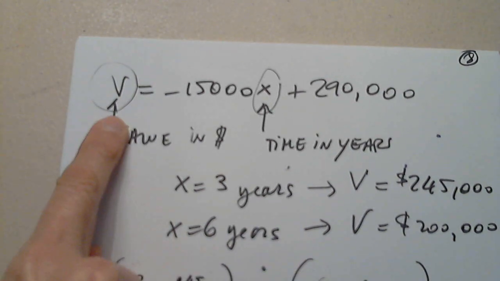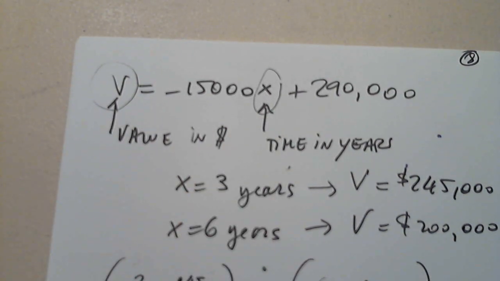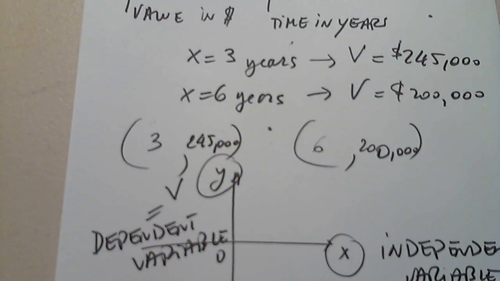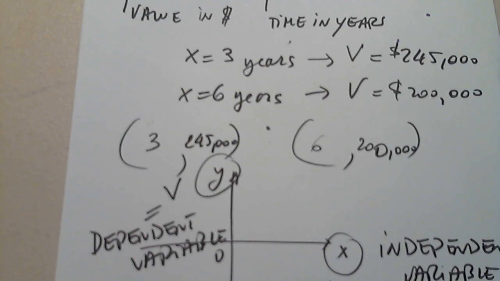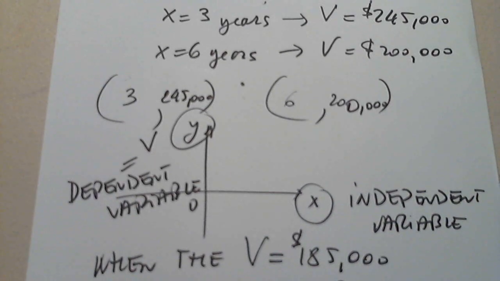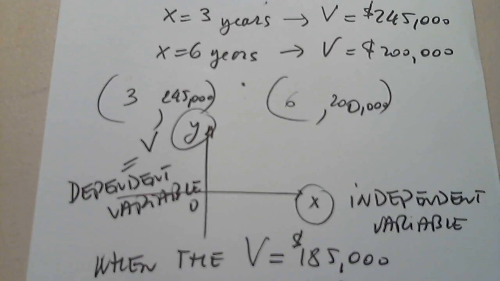That's all I'm told, and find x. So all I have to do is replace the value by 185,000 equals negative 15,000x plus 290,000. That's all you had to say. Good? So let's solve this equation for x. Can anyone tell us how to solve the equation for x?